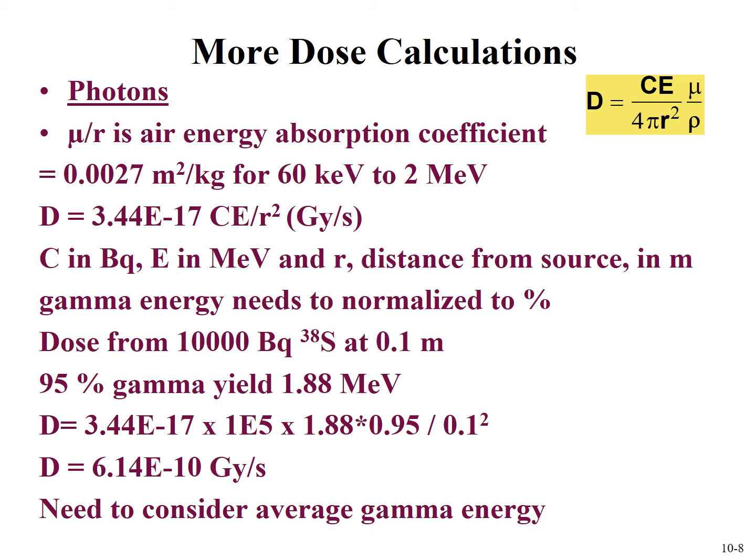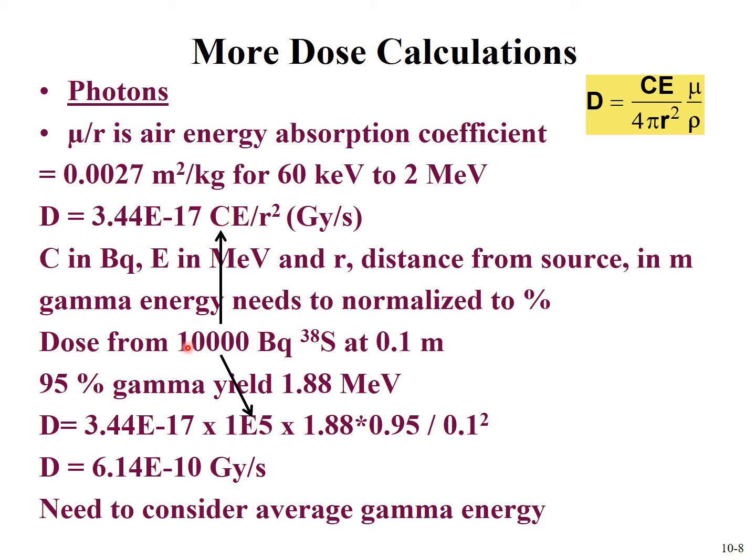So as an example, let's consider a case where we have 10,000 becquerel of sulfur-38 at 0.1 meters. We know that if we look it up, there's 95% gamma yield for a 1.88 MeV photon. So we could take these values and substitute them into our equation that's shown here. So D is equal to our constant, and we multiply that by the activity.